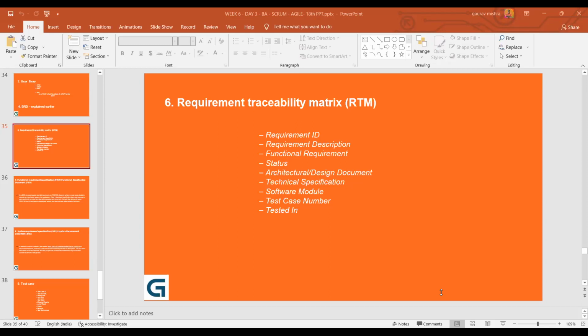Are these responses real time, or am I listening to them with some lag? Okay. So I was talking about the status, whether it is yet to start, or it is in progress, or it is done. These requirements will undergo in the status.